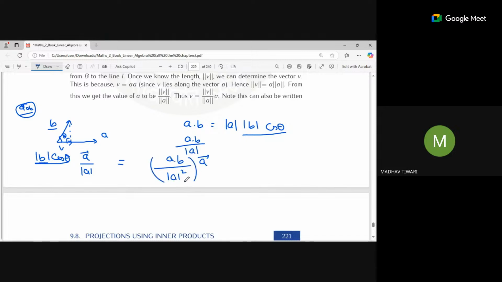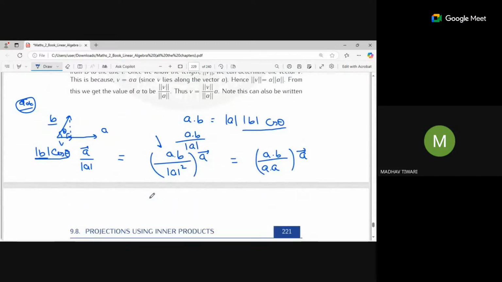This is some real number that I will get. I can rewrite this as A dot B divided by A dot A, times vector A. So this will be my projection of B on A.